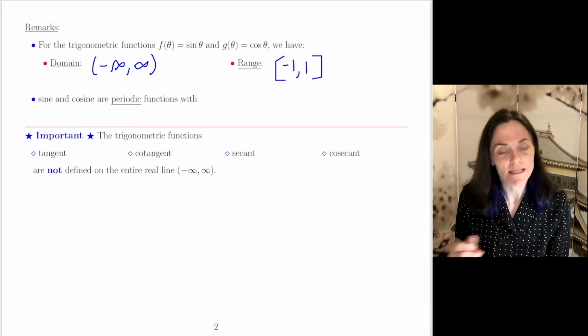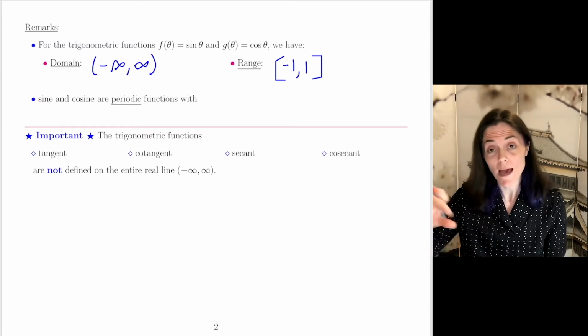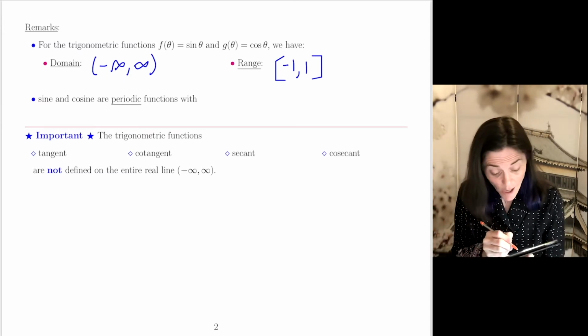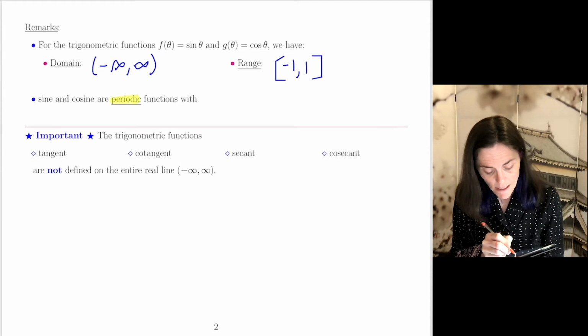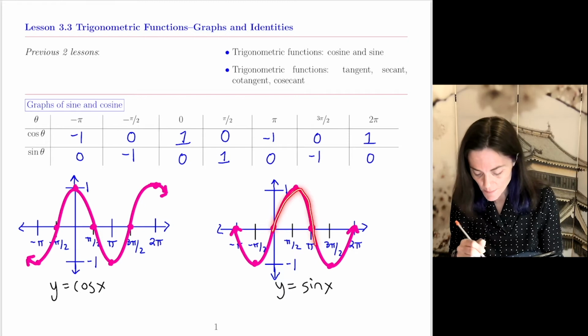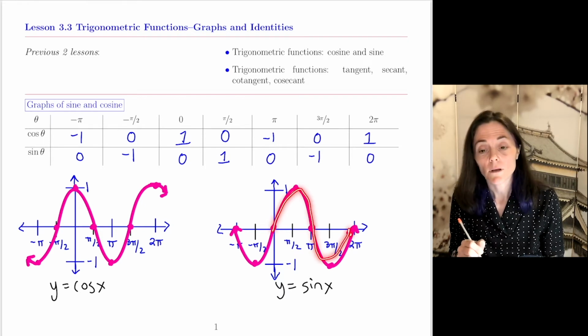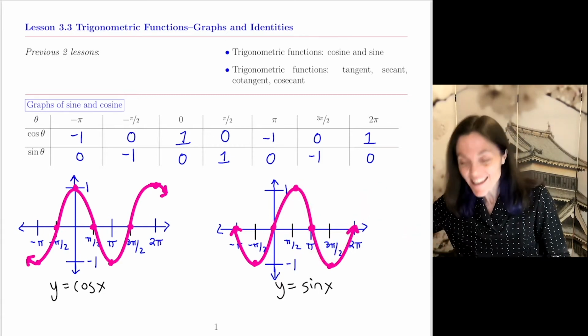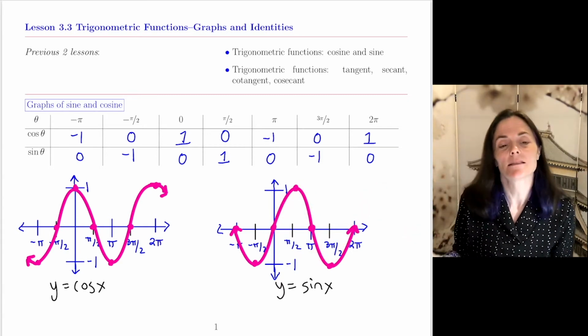And the other thing to mention: I said verbally that this pattern is repeating, but what that says is that these are periodic functions. Let me back up a page. This shape repeats again and again and again. That means periodic.